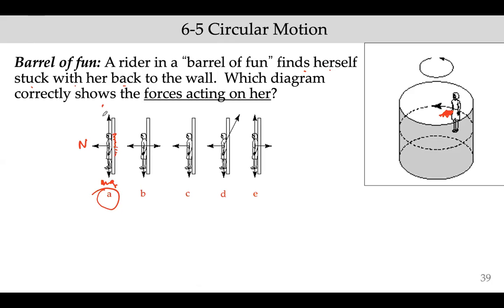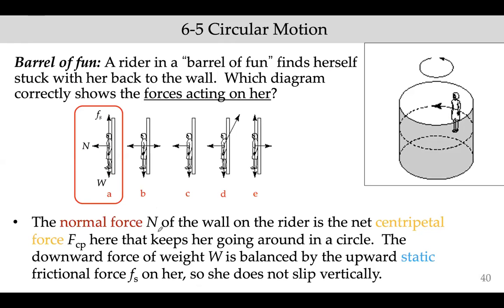And that force would be the friction force on the wall. And it will indeed be static friction because she will be static in the up and down direction. So she's stuck on the wall. She's not sliding down, but there's mg down. So there should be a force in the opposite direction, which is the friction force. So the correct direction of the forces is shown in A.